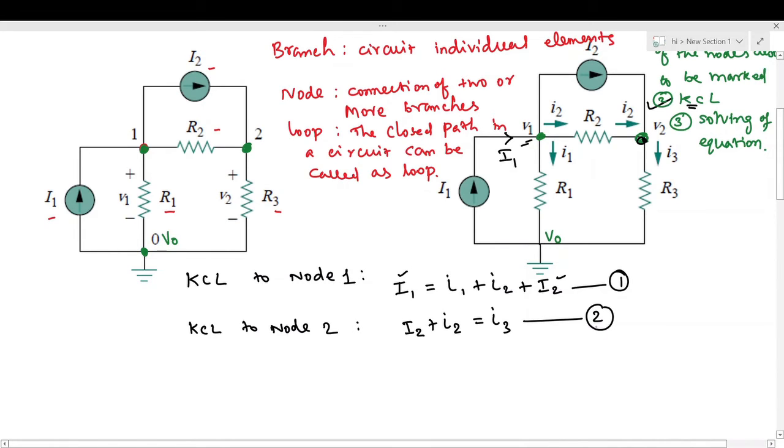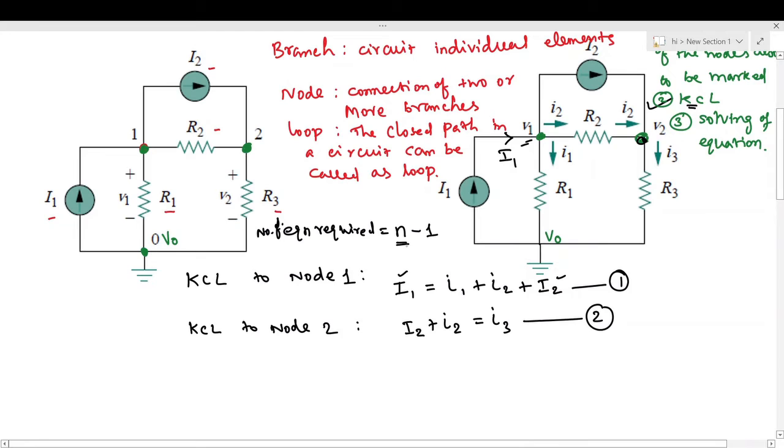As per the basics of nodal analysis, the number of equations required is equal to the number of nodes minus 1.